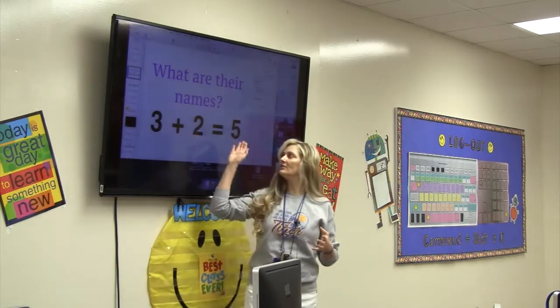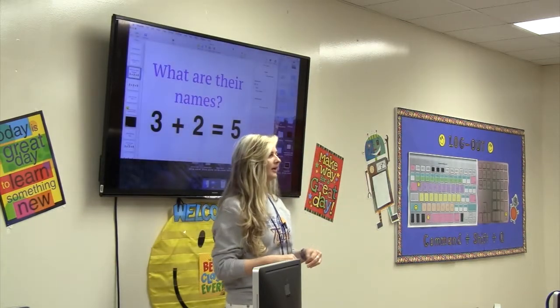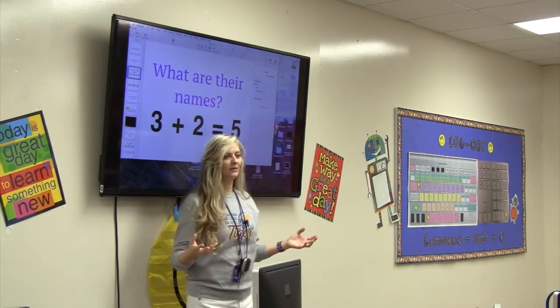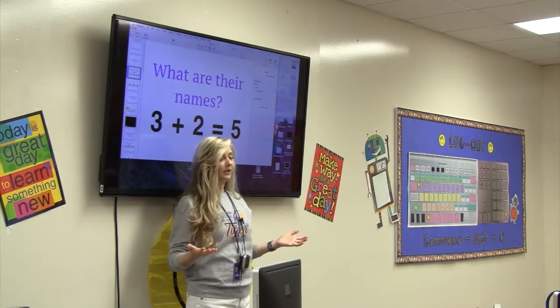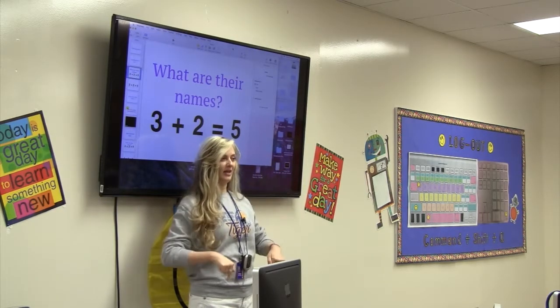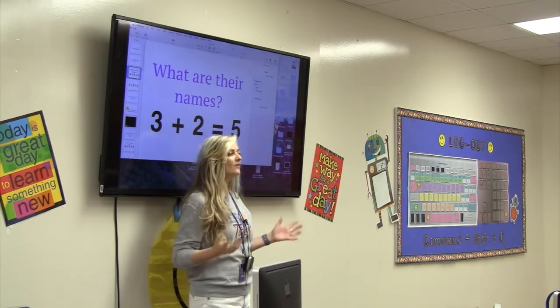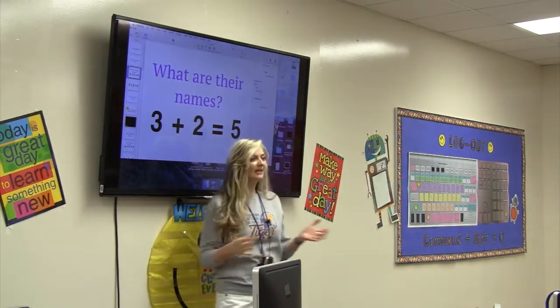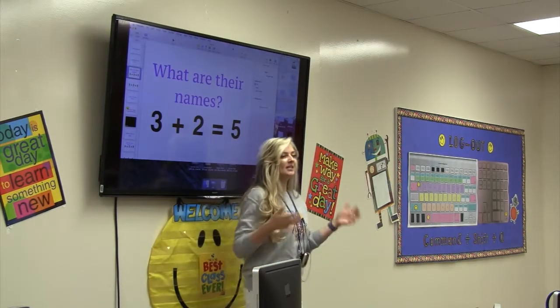So we have the digits. When we take them and put them somewhere, then they have a value. That's why we call it place value. First you have place, then you have value. You can't have value without place. Let's say we take that 3 and put it in the tens place.